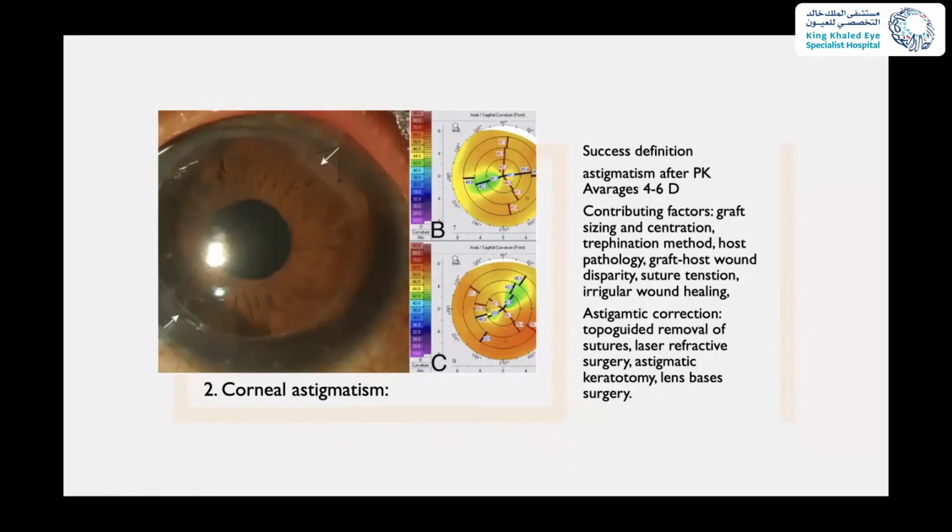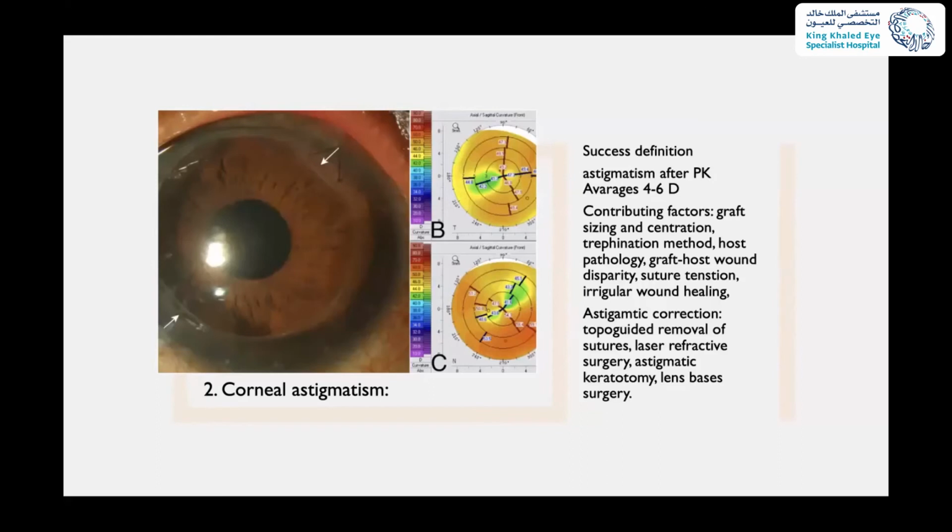Astigmatism after PK averages between 4 to 6 diopters. The contributing factors are graft sizing and centration. That's why the trephination is very important, and also the trephination method. So the vacuum trephines are known to decrease the post-operative astigmatism compared to manual trephination.